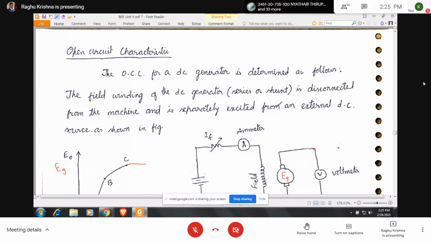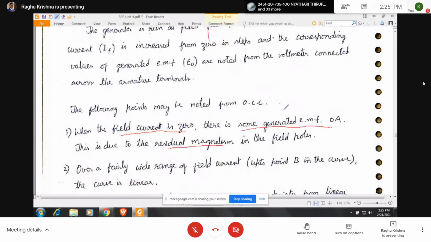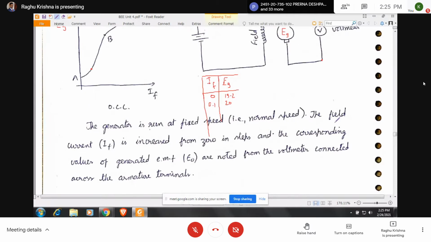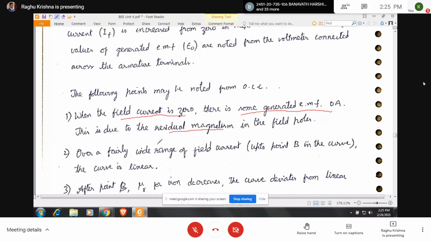These points I explained here. The following points may be noted from the OCC. When the field current is zero, there is some generated EMF, OA. This is due to residual magnetism in the field poles.